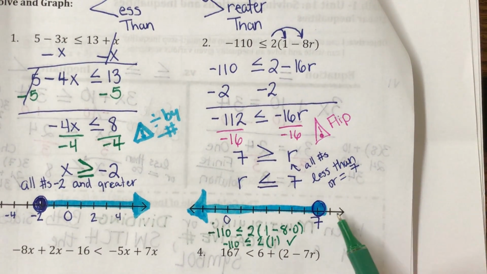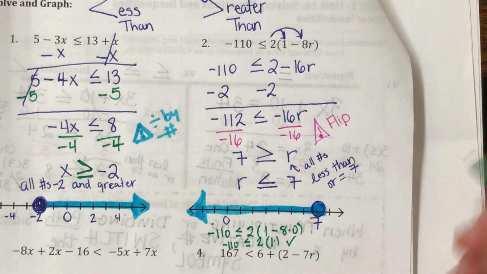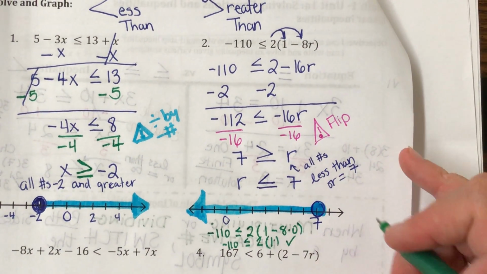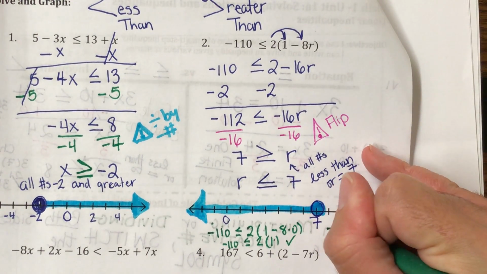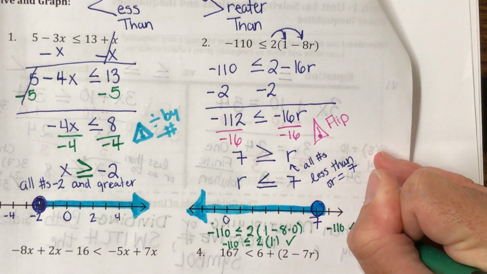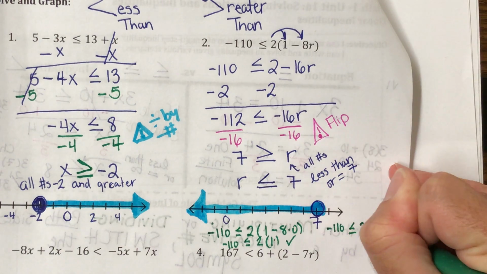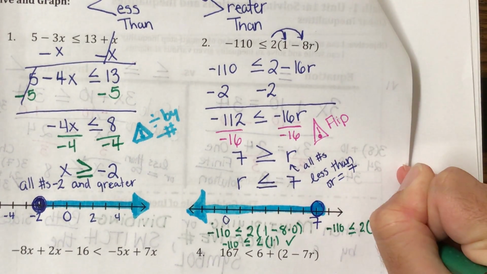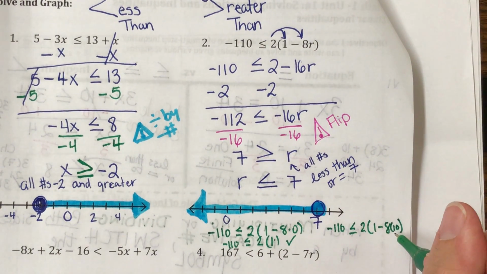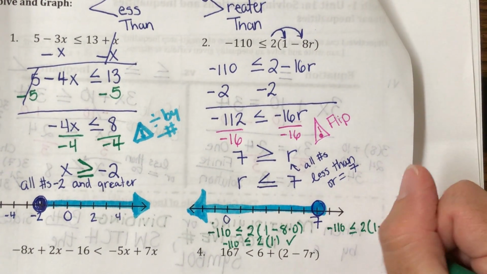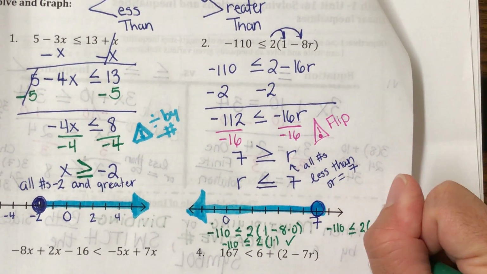If I pick a number that's greater than 7, like 10, 8 times 10 is 80, and 1 take away 80 is negative 79.